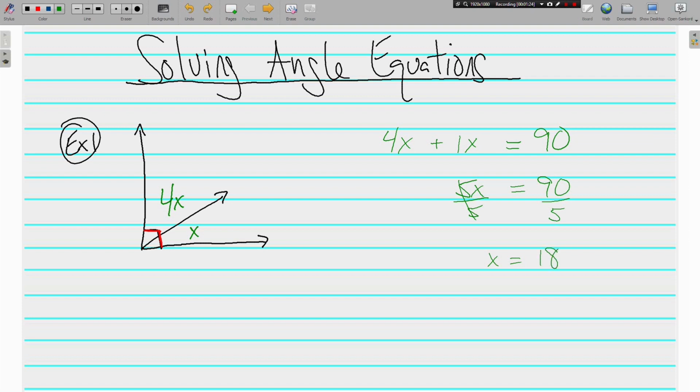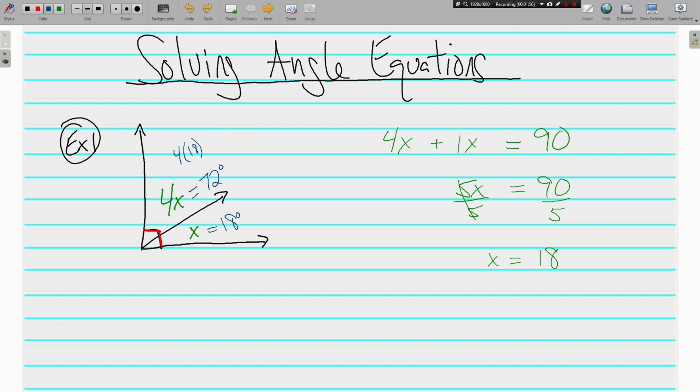So if I wanted to know the measure of both of the angles, I know that this one, because it's just x, is 18 degrees. But for the other one, I have to do 4 times 18, which is 72 degrees. Actually, I'll write that one down here. 72 degrees. 72 and 18 gives us 90.